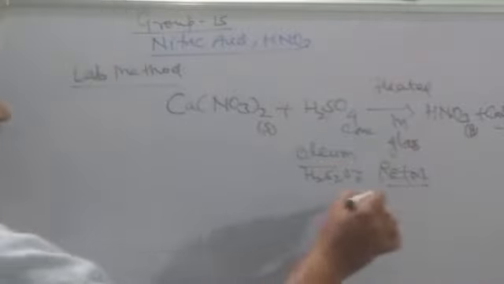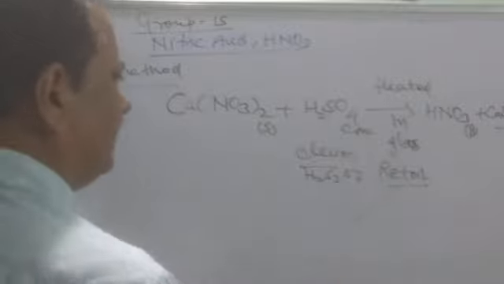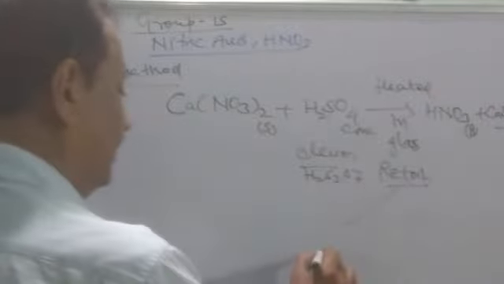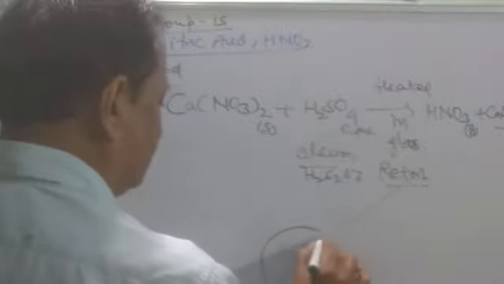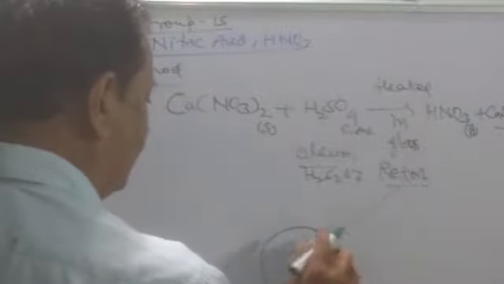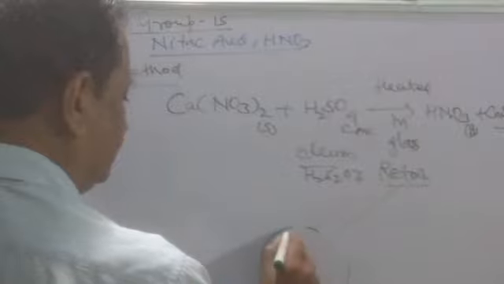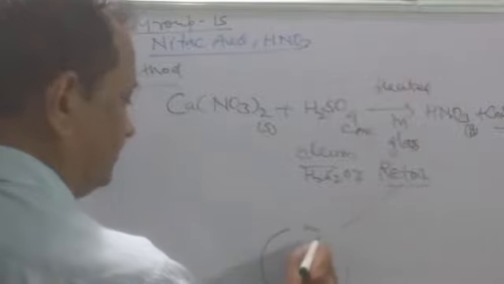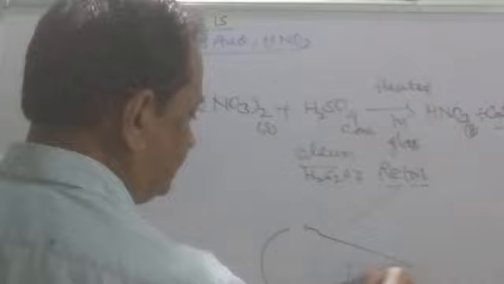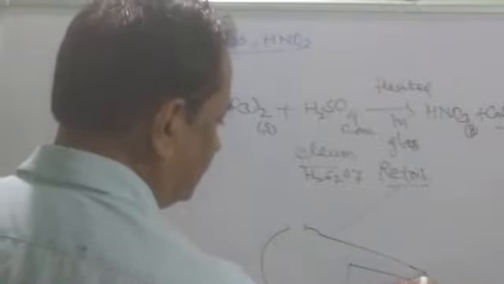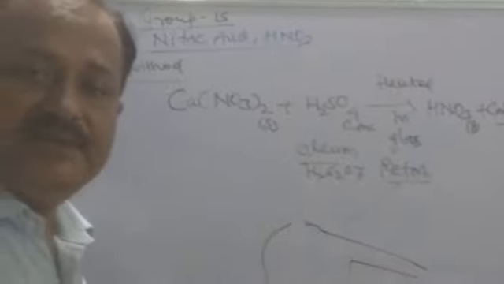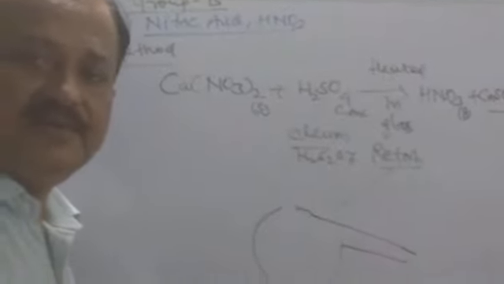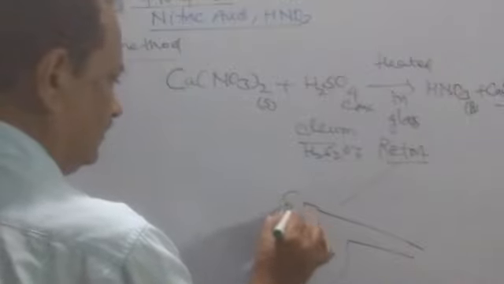Actually, a retort can be of glass, or it can be of any metal. It is this type of vessel, with a mouth here like this, and this type of structure, and here there is a lid.